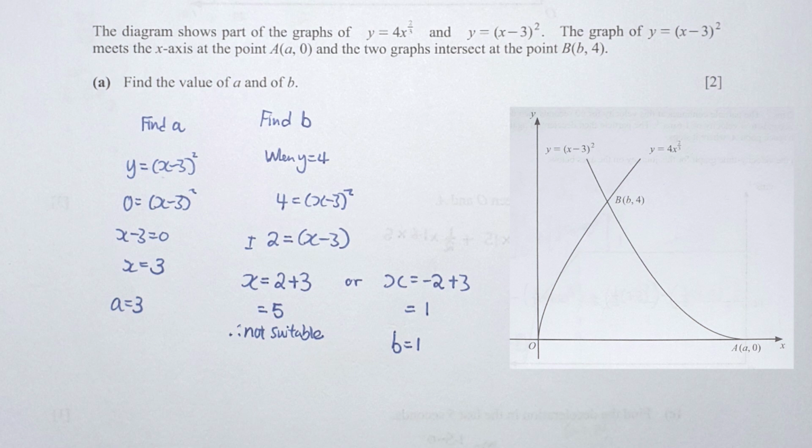This basically tells us that 5 is not suitable because it is not the first intersection. It may be another intersection at the back. So 5 is not suitable and I will be selecting 1. So B's coordinates will be (1, 4).